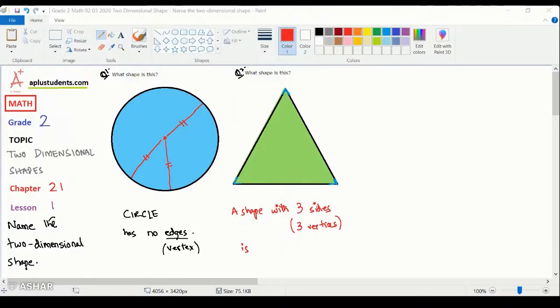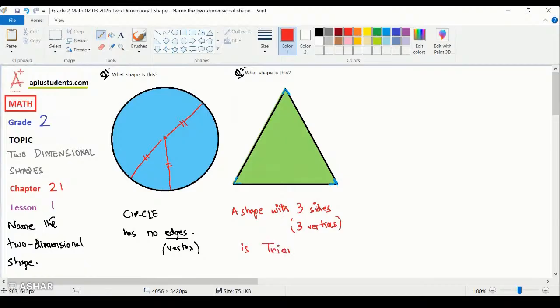A shape with three sides or three vertices is known as a triangle.